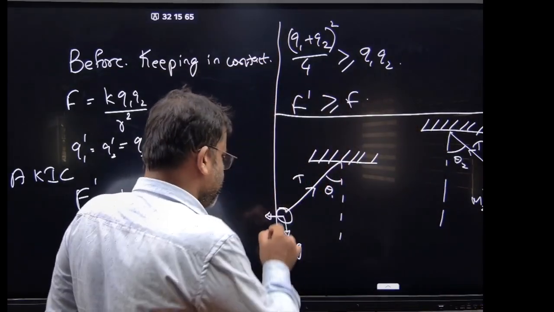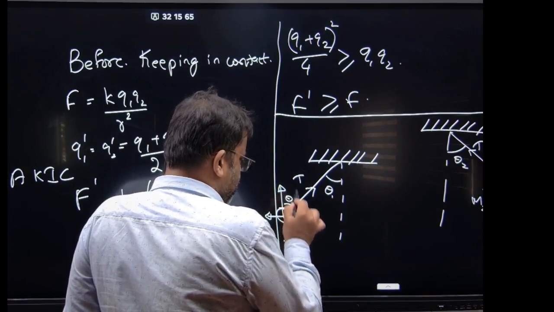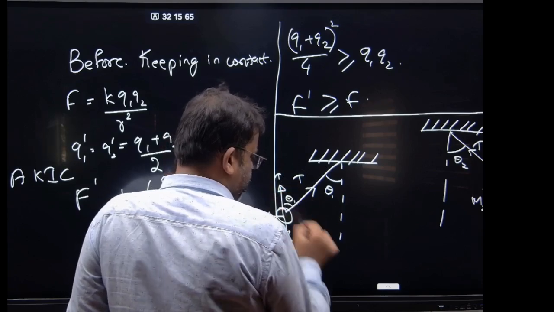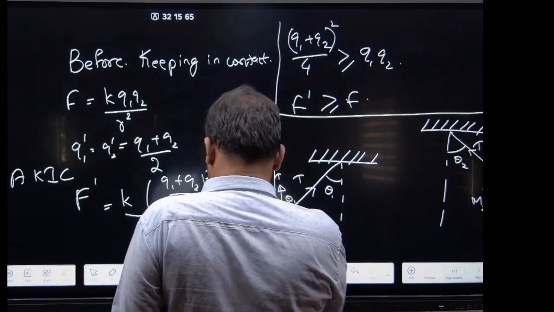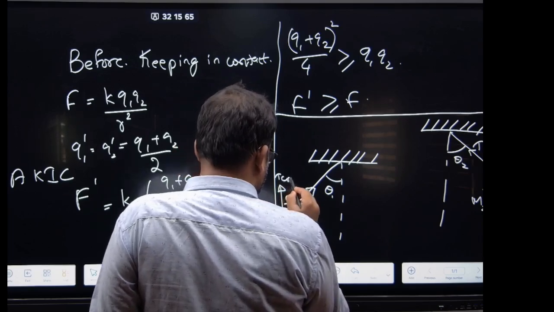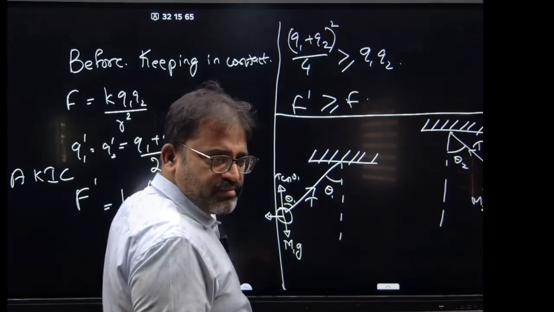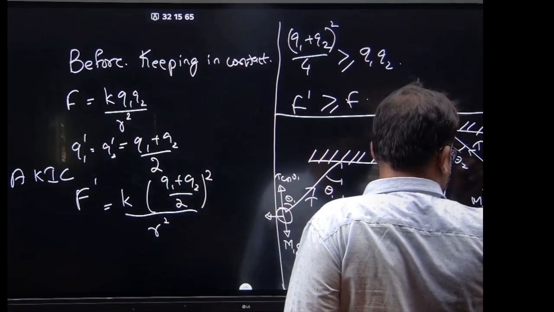In the same manner, this will be nothing but θ1, and this will be T1 cos θ1, or we can say T cos θ1. The same thing, this also will be T cos θ2.